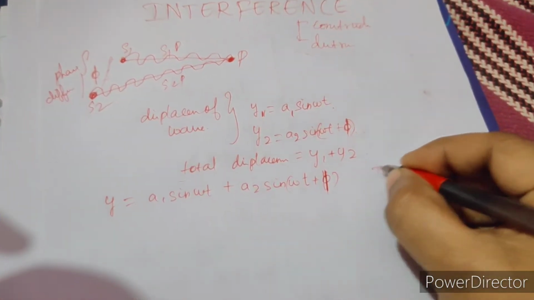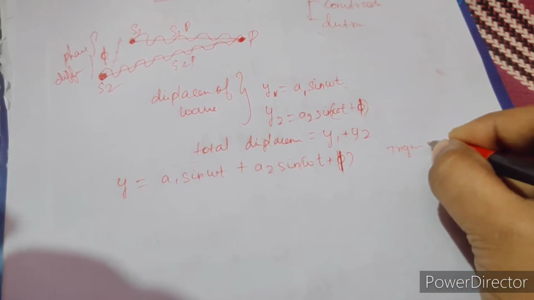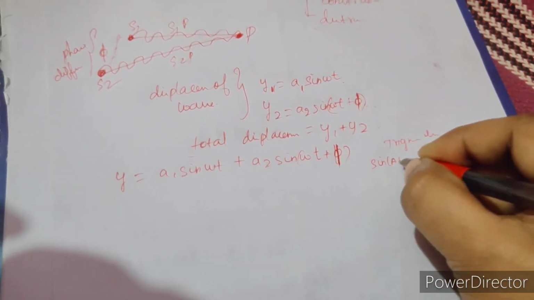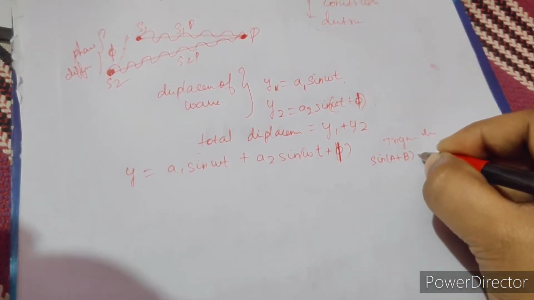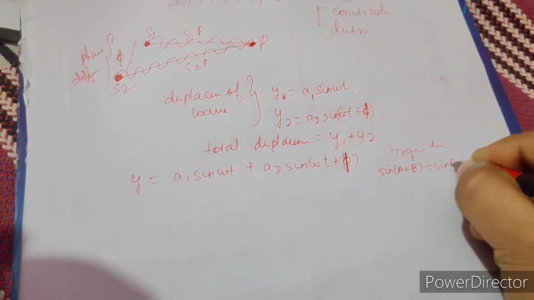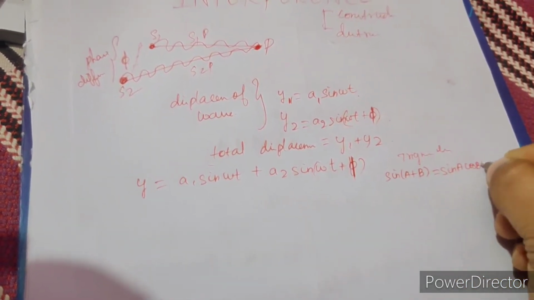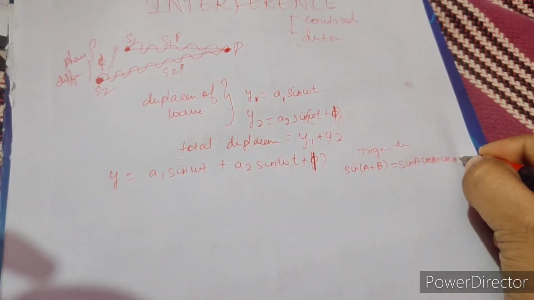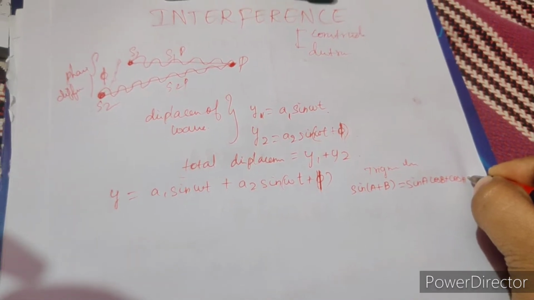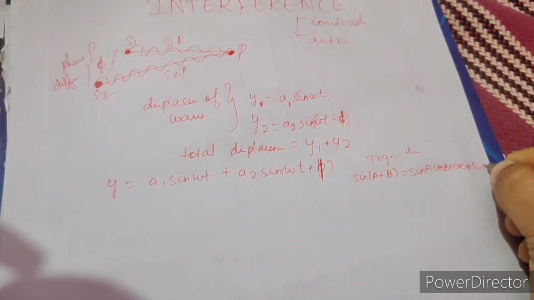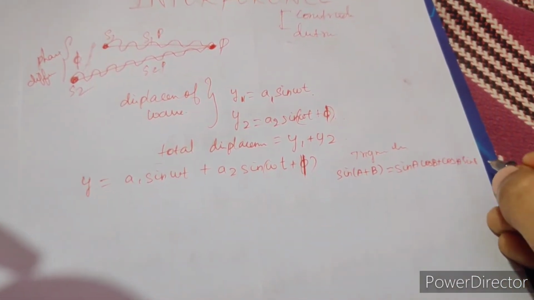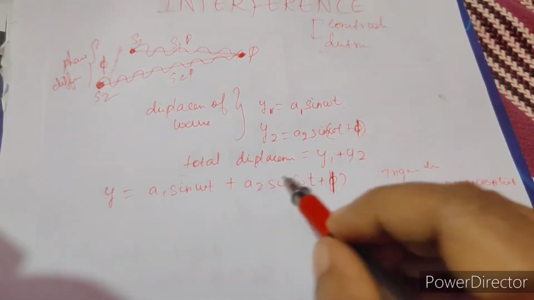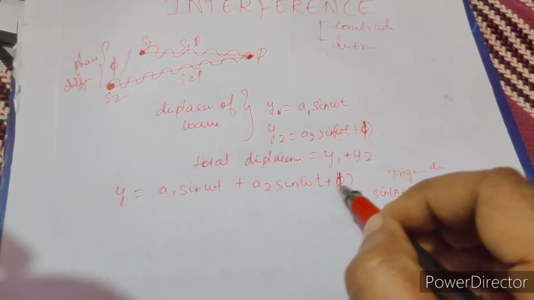We have one trigonometric relation. The formula is sin(a + b) = sin a cos b + cos a sin b. Here also we have the same thing, sin(a + b), with ωt + φ. We apply this here.